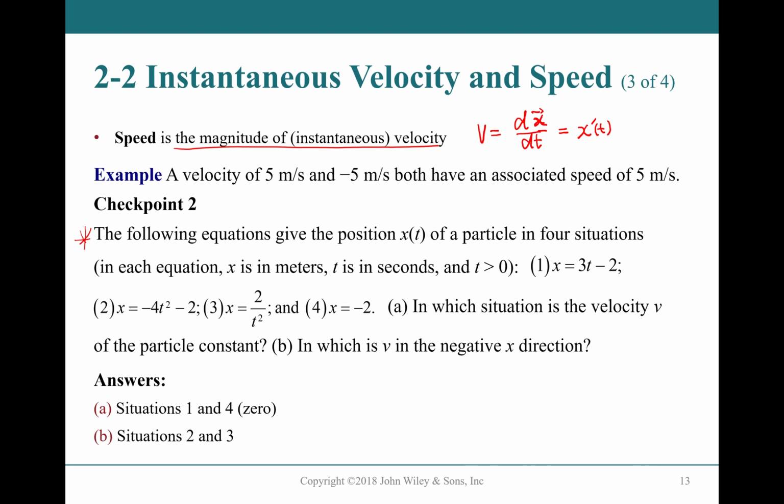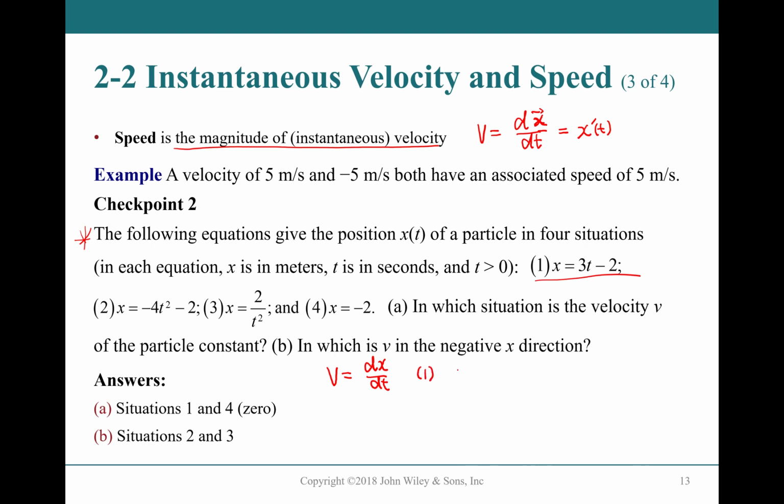So how to do this problem? Remember our definition is v equals dx over dt, which means by taking the first derivative you get your velocity. I can do one with you.